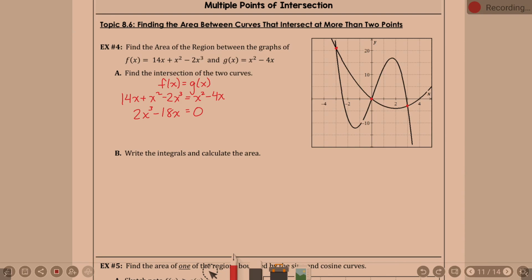I set mine up so my 2x cubed was positive. I have 2x cubed minus 18x. Or you have negative 2x cubed plus 18x. Did you factor? There's a GCF of 2x. Then I've got 2x times x squared minus 9.